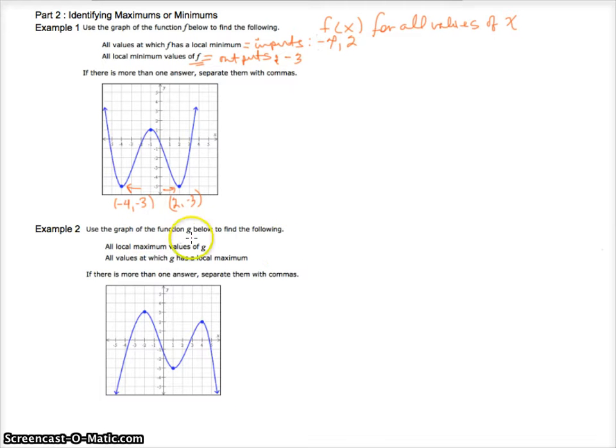Says use the graph of the function below to find the following. Find the maximum values of g. Find all the values at which g has a maximum value. So here we're looking at g of x for all values of x.